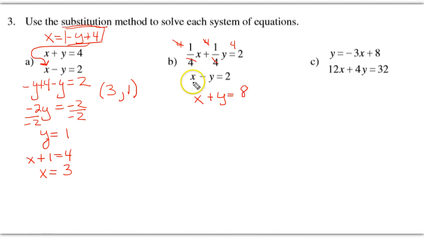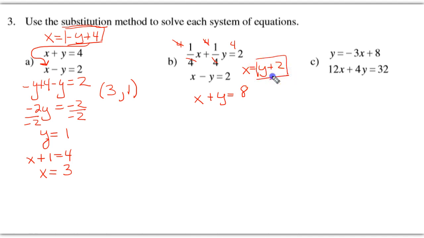Now, you can solve this equation for either x or y, or you could solve this equation for either x or y. If we did this one, this would be x equals, transpose the y, y plus 2. So we know now that x equals y plus 2.